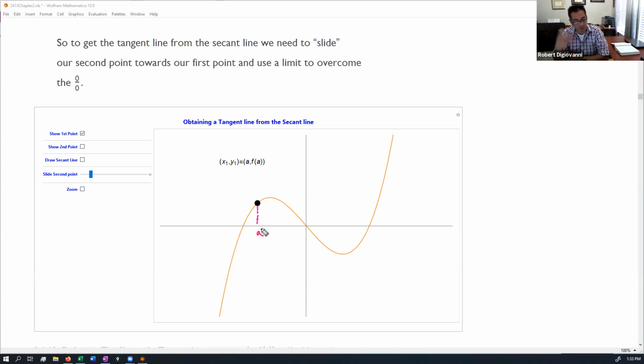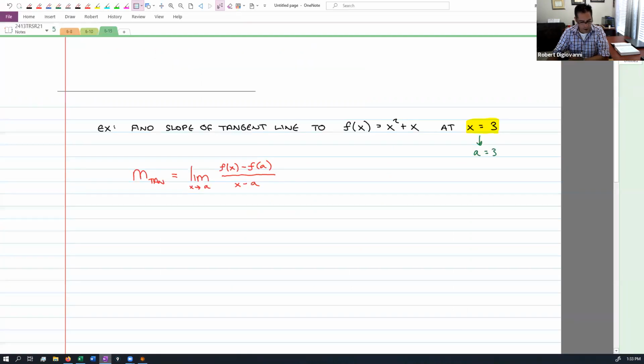For us, it's 3, because that's what the problem says: find the slope of the tangent line at x equals 3. So the slope of the tangent line for this problem is the limit as x approaches 3 of f of x minus f of 3 over x minus 3. I just replaced all my a's with 3's. All okay with that?